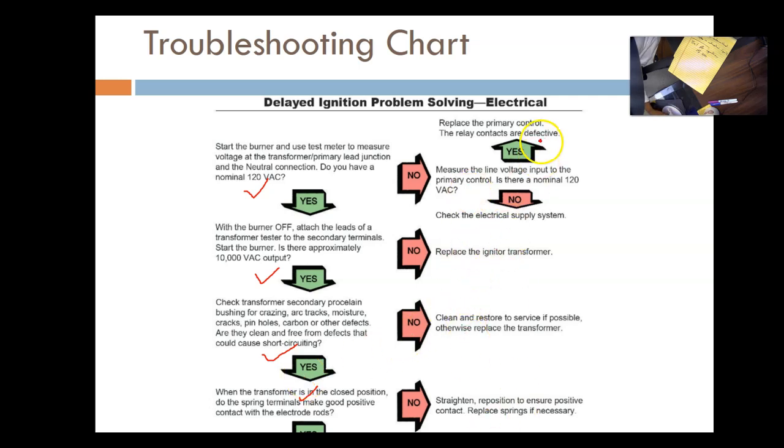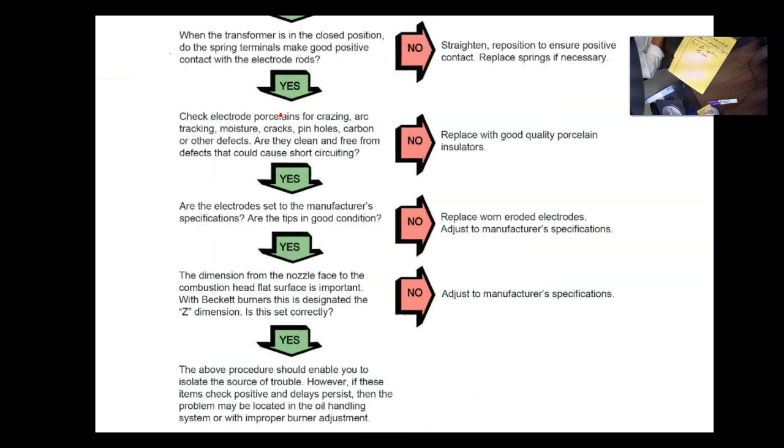So these are some of the remedies, and then you might need to replace the primary control relay, because in that case the problem is not with the ignition, the problem is with the relay. Probably it's not engaging when it's supposed to. If you watch the video regarding the primary control, you realize that the ignition is controlled by the primary, so the primary turns the ignition on and off as needed.